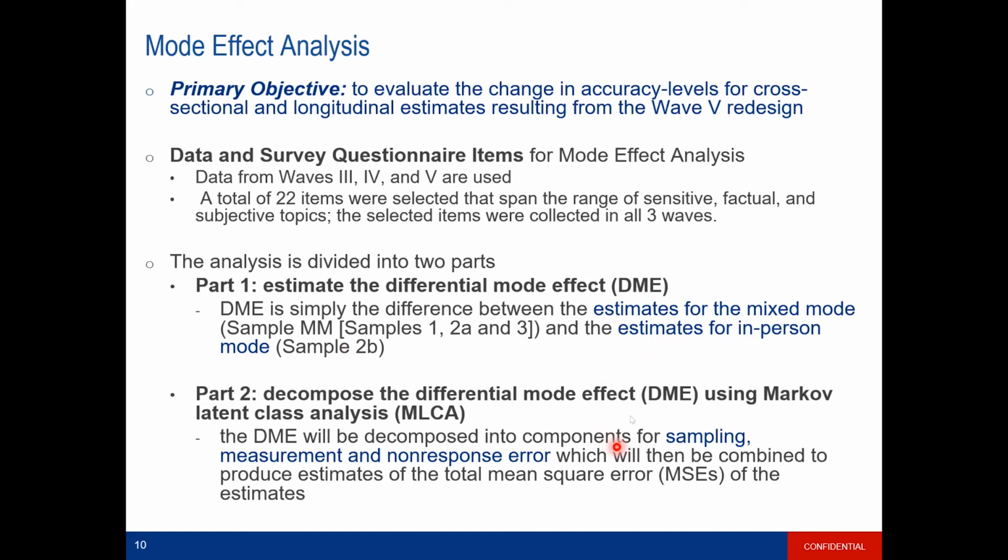In addition to that, we used the Markov-latent class analysis and decomposed the differential mode effect. Then we wanted to see how different error components are playing in this mode effect that we are seeing. So those are the two parts for the analysis.